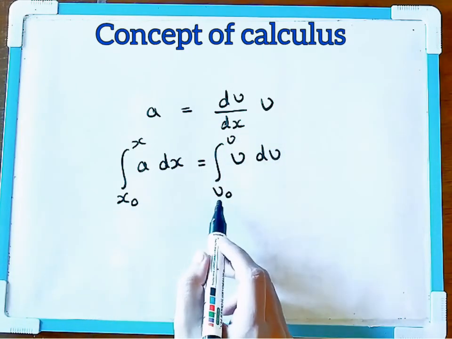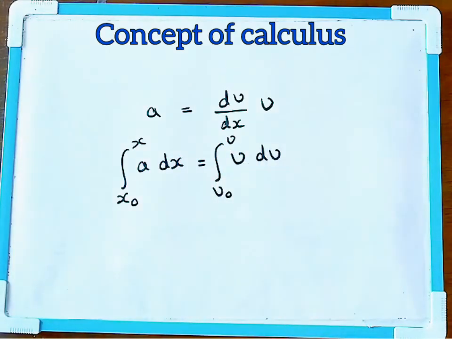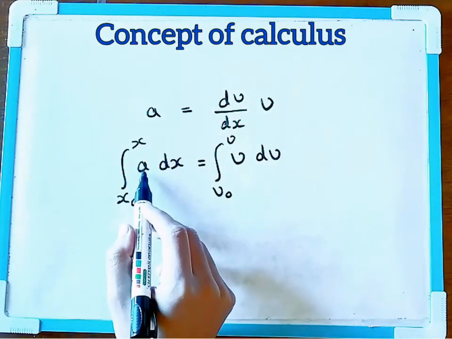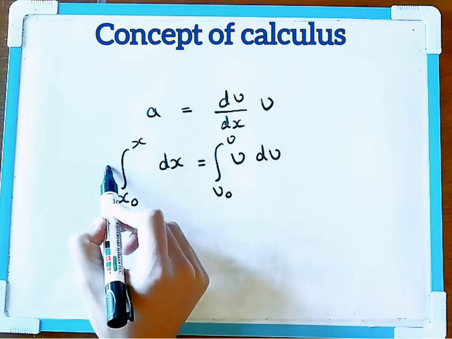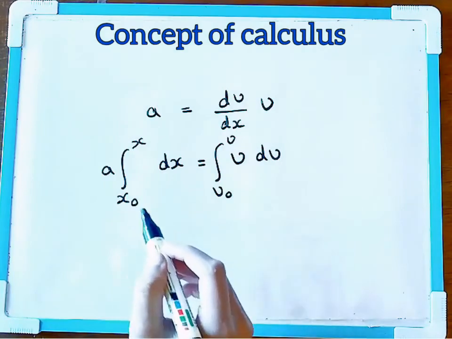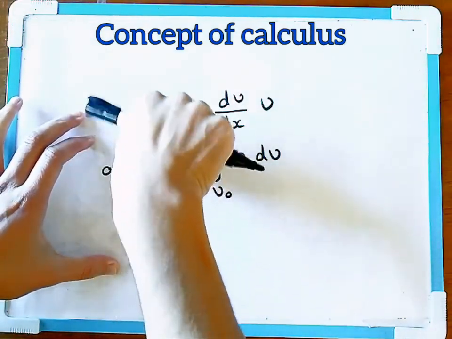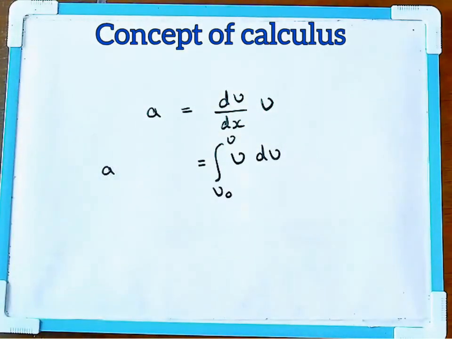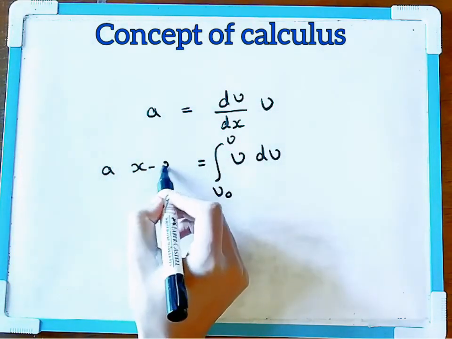At x0 the initial velocity is v0, at x the final velocity is v. Here again a is constant, so we take it outside of the integration. Then integration of dx within the limit gives us x minus x0.